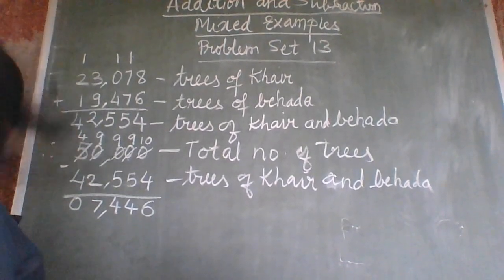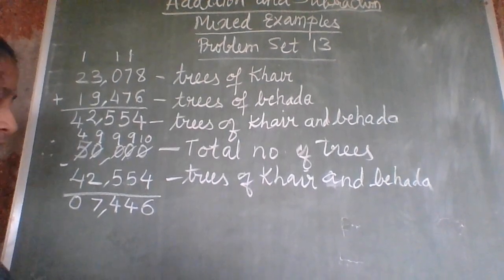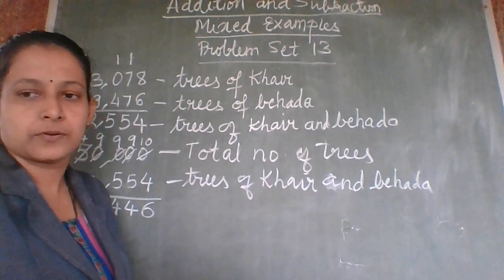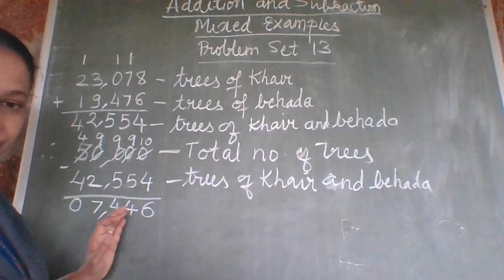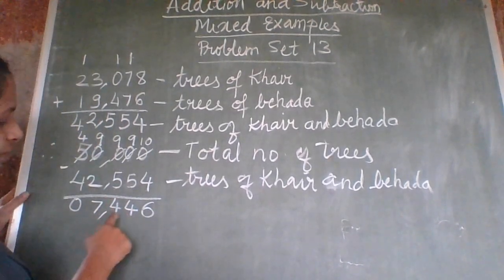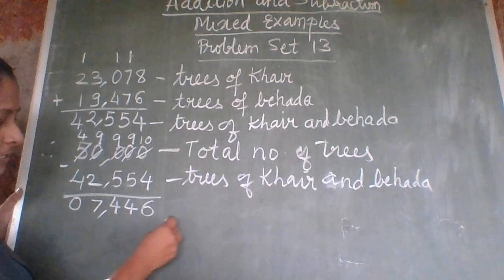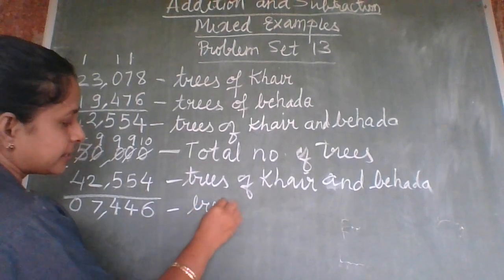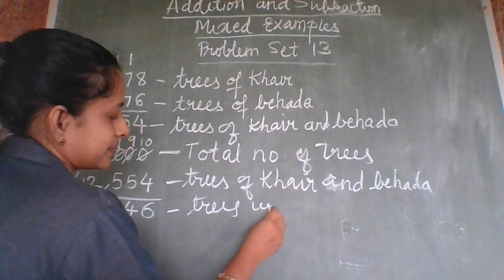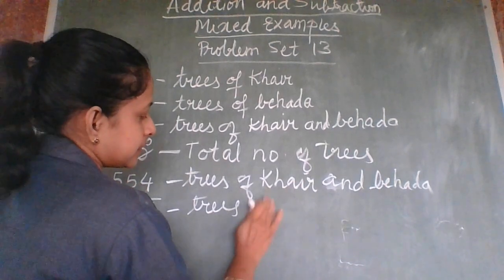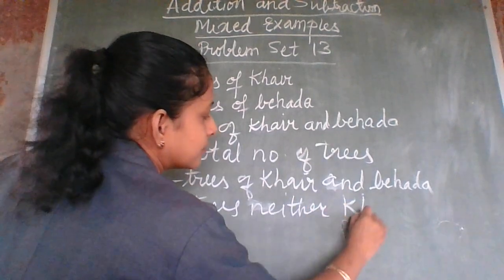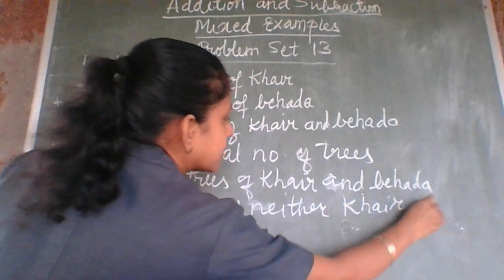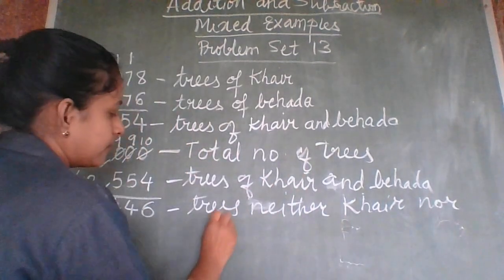So we are supposed to write it like this: 7,446 trees. These were the trees which were neither khair nor behda.